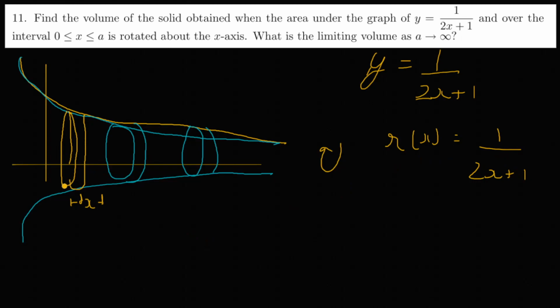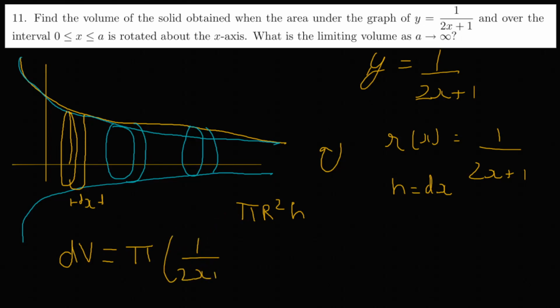A disk is a cylinder, so the volume of this is going to be pi r square h. What is h in this case? h is dx, and radius is 1 by (2x plus 1). So the volume of a small disk is pi times r square, that is (1 by (2x plus 1)) whole square, into h, that is dx.